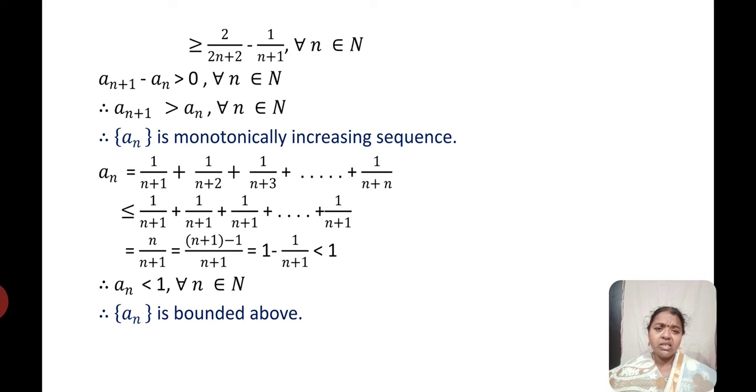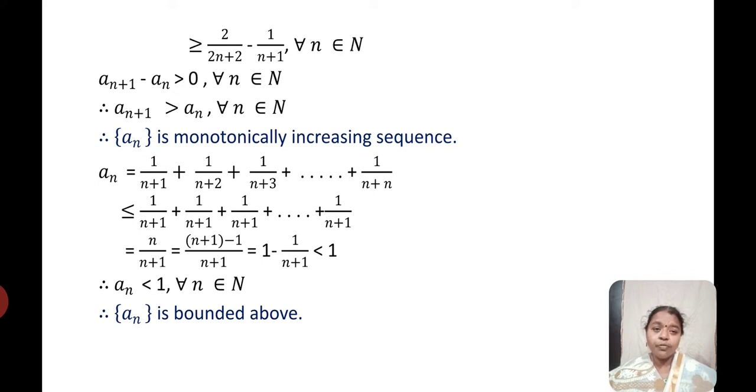Now let's consider an as 1 by n plus 1 plus 1 by n plus 2 plus 1 by n plus 3 and so on plus 1 by 2n. This is less than or equal to 1 by n plus 1 taken n number of times, which can be written as n divided by n plus 1.